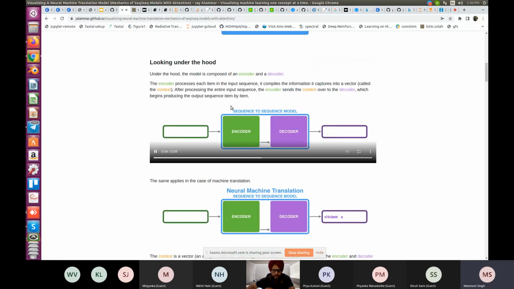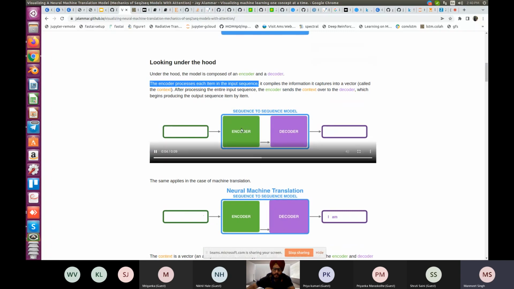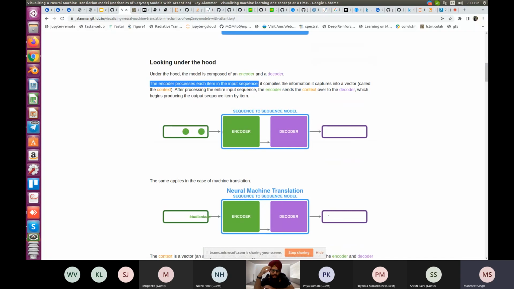And so under the hood, the model is composed of an encoder and a decoder. The encoder processes each item in the input sequence. These words are not words, they are word embeddings now. By now you should stop thinking of words as words, think of them as numbers. The encoder compiles the information it captures into a vector called context.